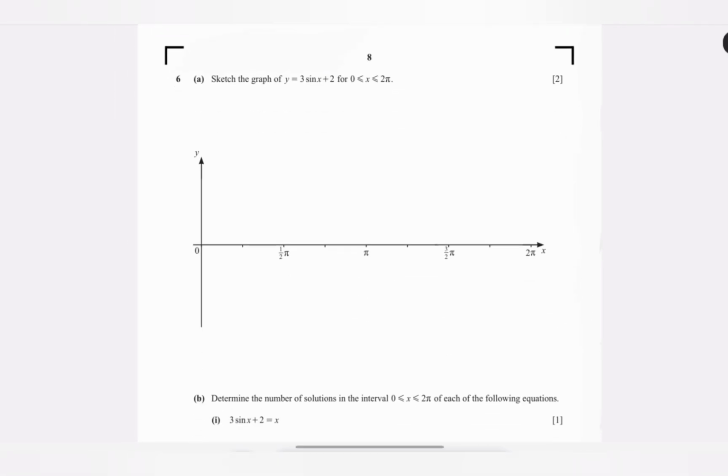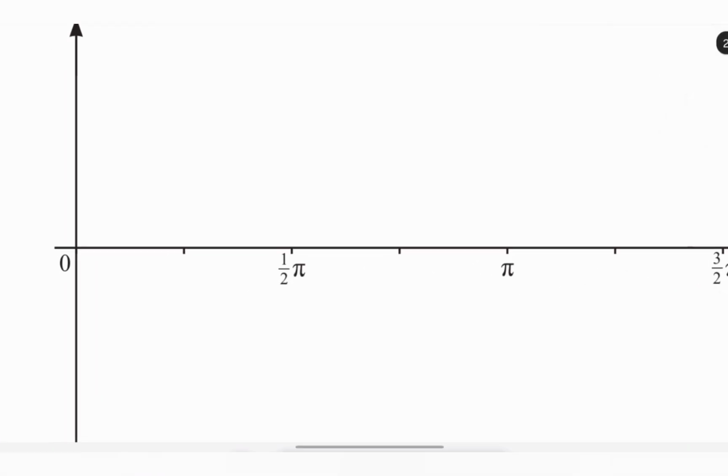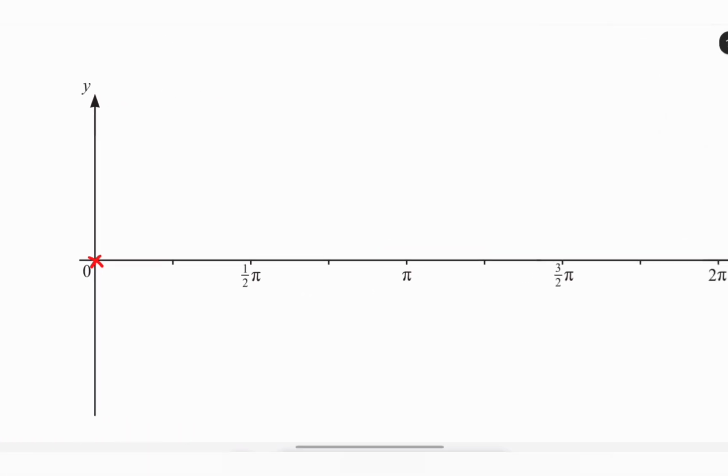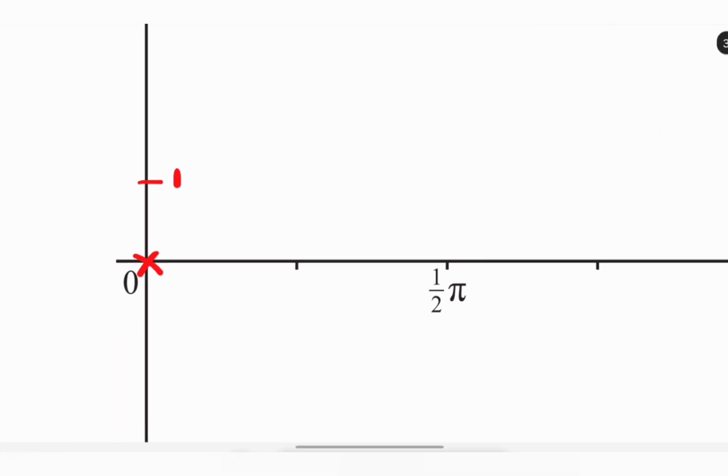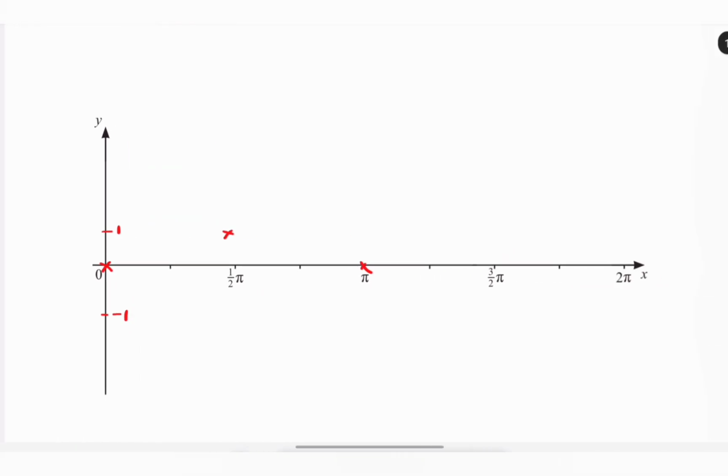And moving on to number 6, it says sketch the graph of y equals 3 sine x plus 2. Now the sine graph generally goes through 1 and minus 1, goes from there, then 1.5, then this comes down to minus 1 here.